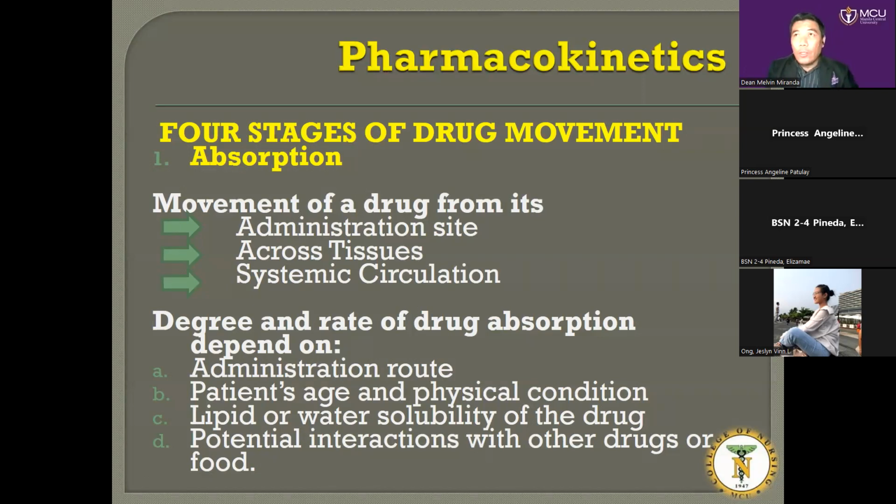Later on, we'll realize the importance of why we need to know the administration site and its implication to time. So the degree and rate of drug absorption is dependent on the following. Administration route: the effect of the drug may reach its maximum concentration level once it reaches the plasma. Intravenous may have a faster effect as expected compared to oral drugs.